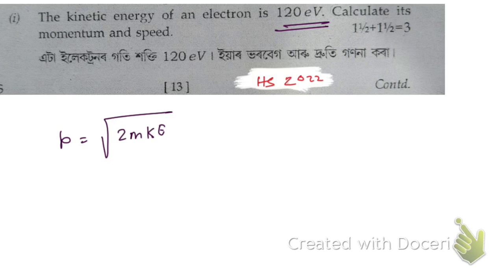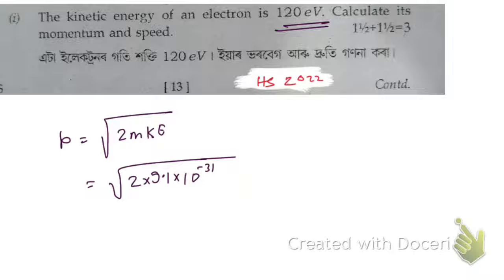Now you see, what is the mass of an electron? Mass of an electron is 9.1 into 10 to the power minus 31 kg, right?